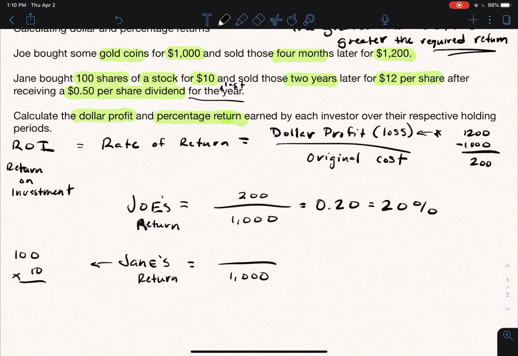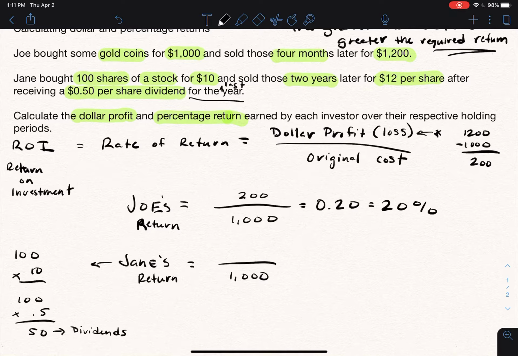Because first we have to find what the profit was for buying at $10 and selling at $12, but then we also have to find what came from those dividends. So we need to say, okay, well, she has 100 shares of stock and she got a 50-cent dividend. So we're going to multiply that by 50 cents. This is pretty simple. That's like saying times 1/2. So she made $50 just in dividends.